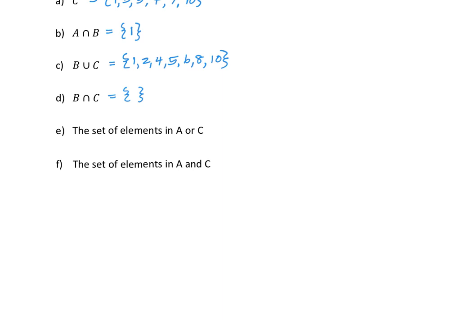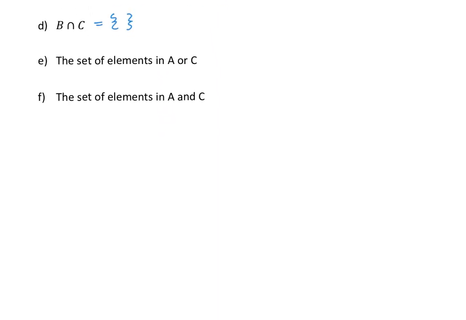And now let's look at a question in words. This will not be on my lab, but it's really good for you to practice with ors and ands, since that may come up later. E says the set of elements in A or C. And again, that word or is important. Or means we're going to make a big set with the elements that are in A, or we can also use elements in C. So we're talking a union.